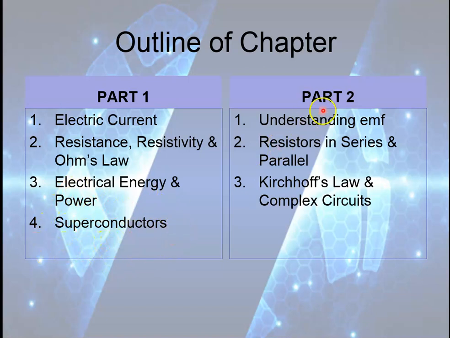Now, part 2 will be a little bit hard. In part 2 of this chapter, we will focus on understanding what EMF is. EMF is electromotive force. And then after that, we will see the difference between series and parallel resistors. So how to find the total voltage, how to find the total current, or what the effect is on the resistance itself.